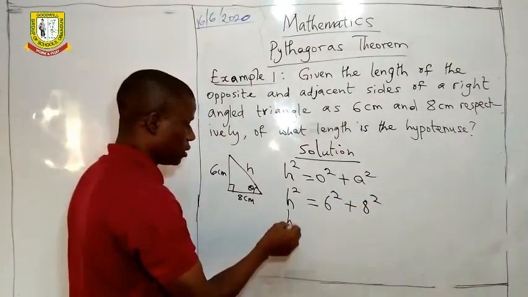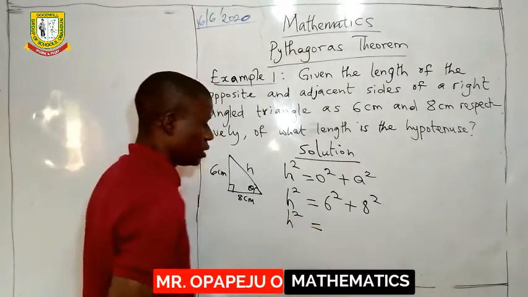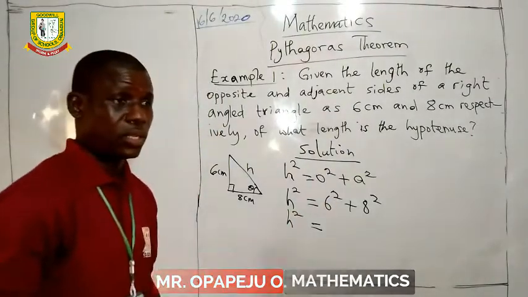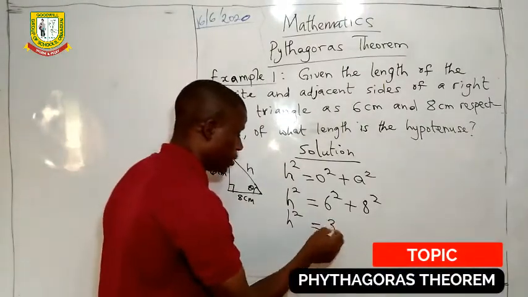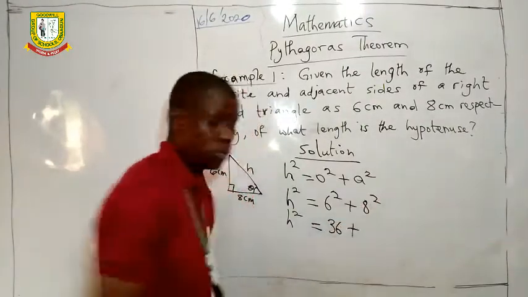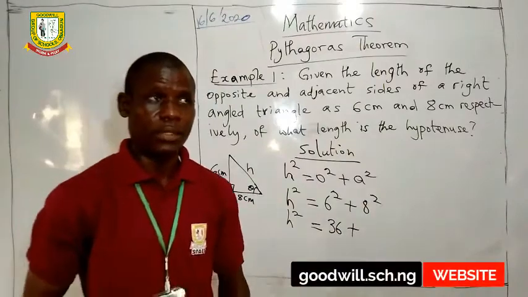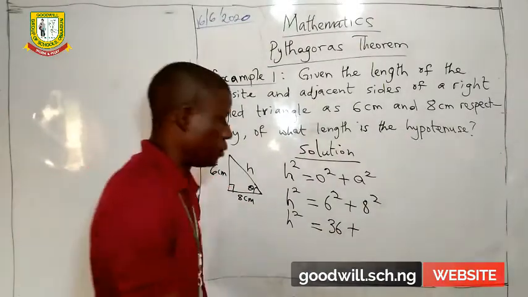This gives us the square of 6, that's 6 times 6, and that is 36. Square of 8, that is 8 times 8, and that gives us 64.